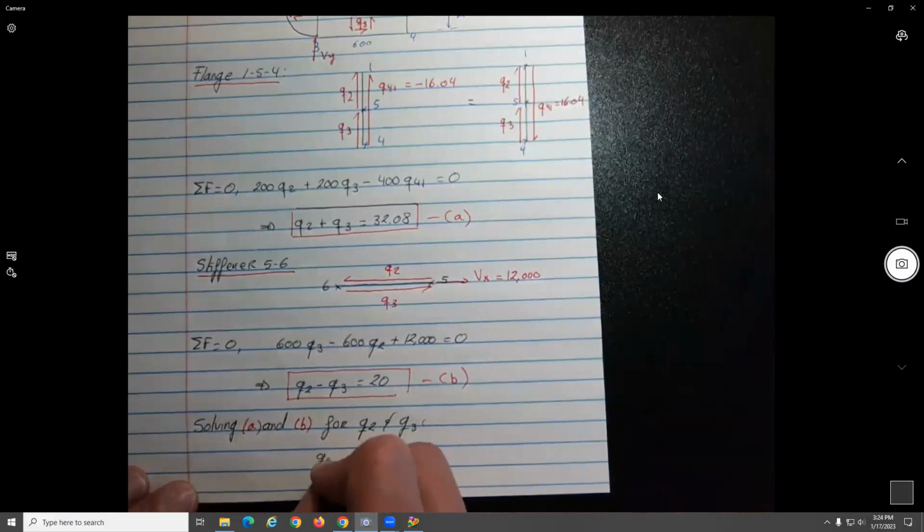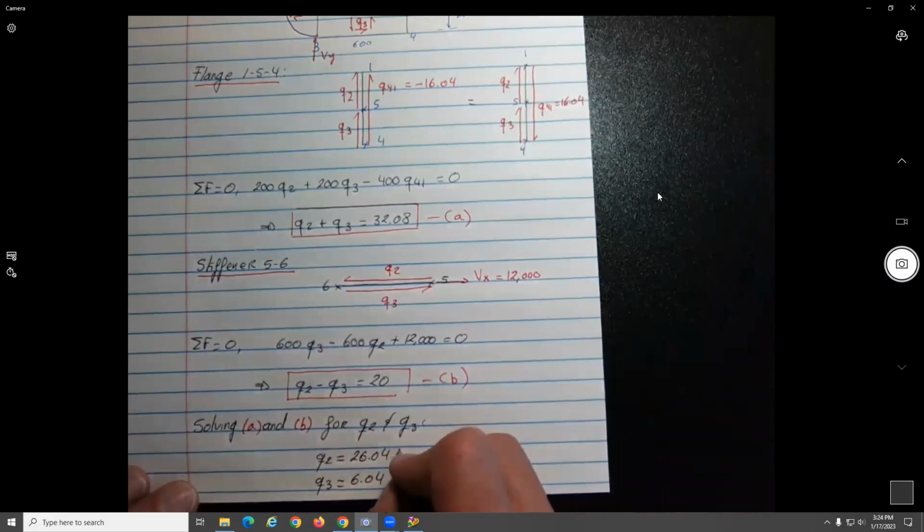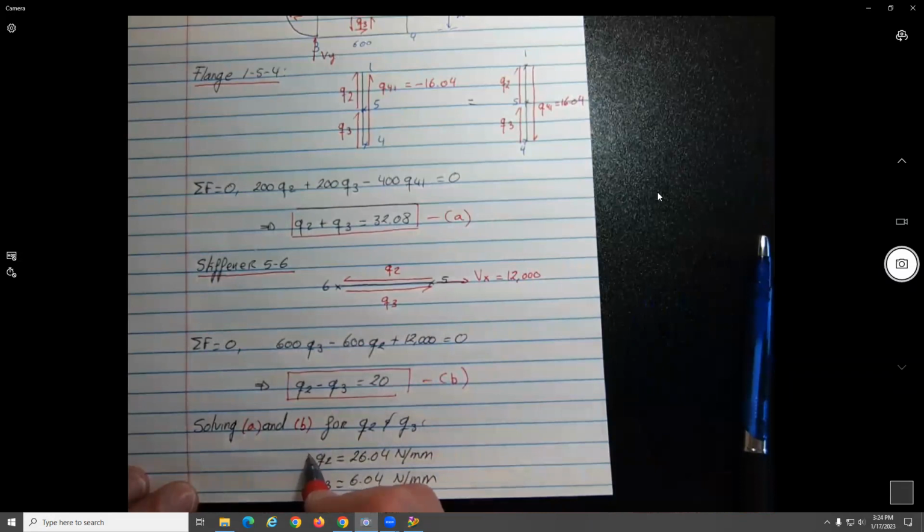We get that Q2 will be equal to 26.04 newtons per millimeter, and that Q3 will be equal to 6.04 newtons per millimeter.